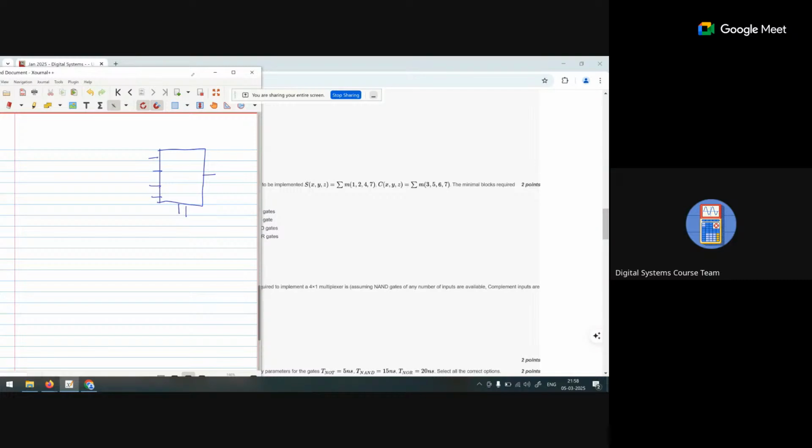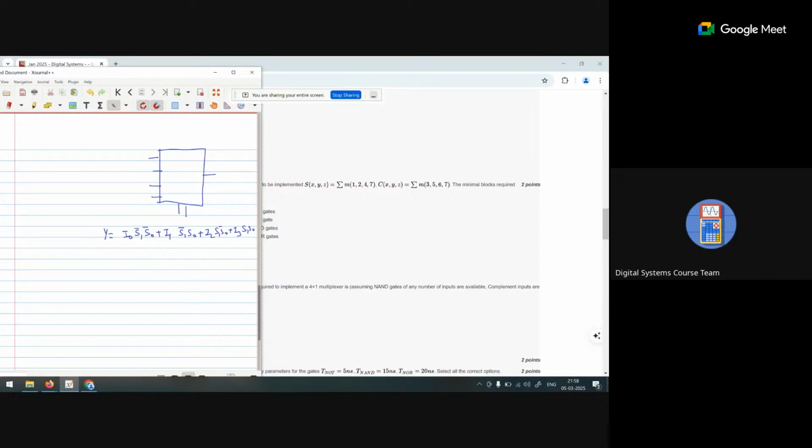So what is the equation of the mux? Y is I naught S1 bar S0 bar plus I1 S1 bar S0 plus I2 S1 S0 bar plus I3 S1 S0.